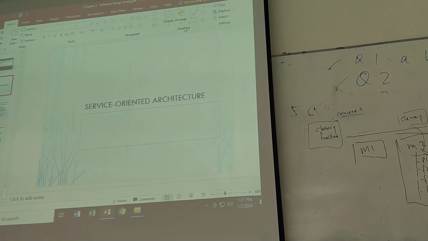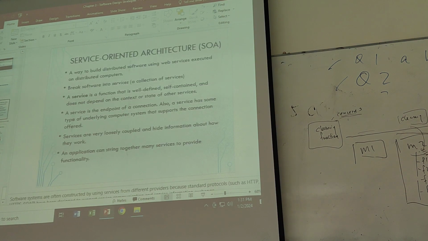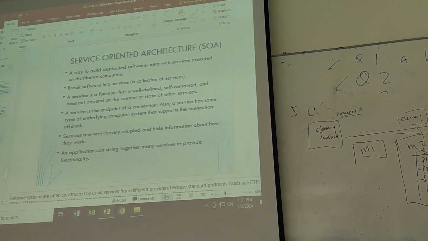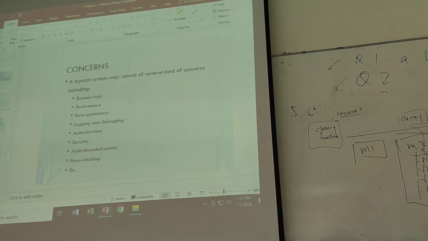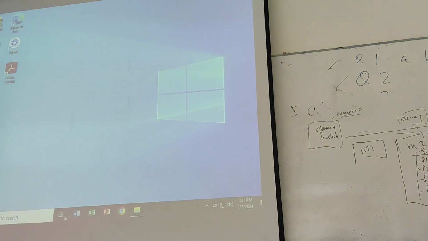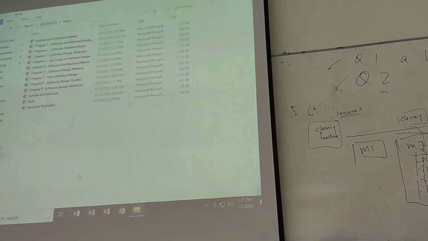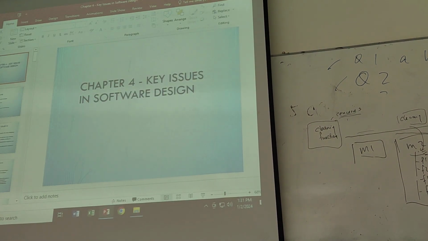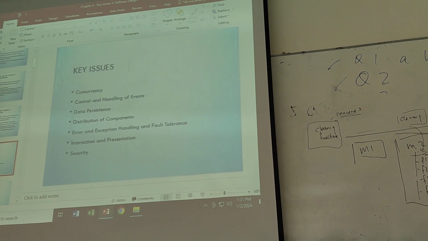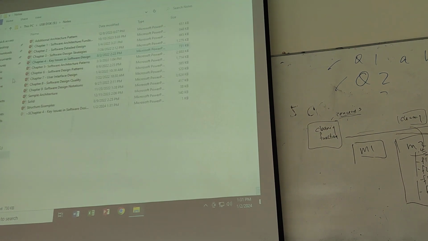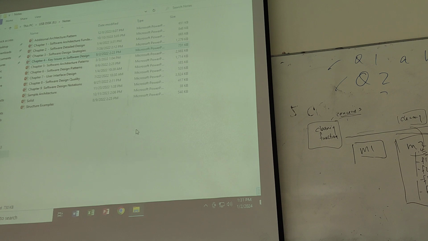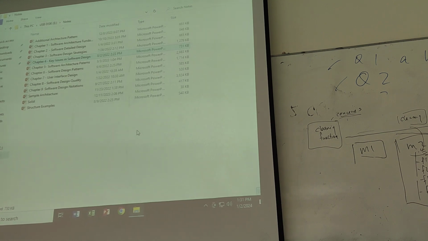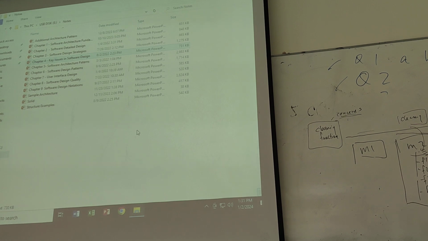Okay, settle. Chapter 3 is finished already. Any question? Key issue, have we done already? All the chapters are finished already.